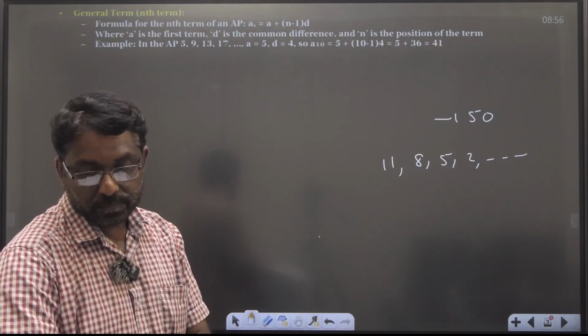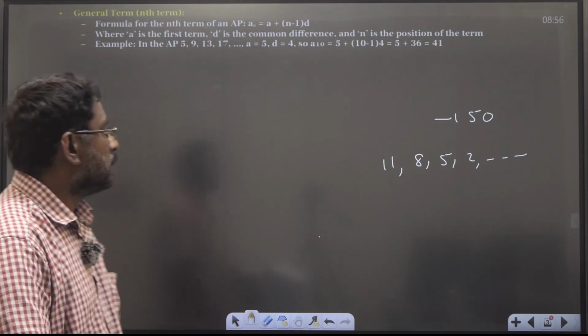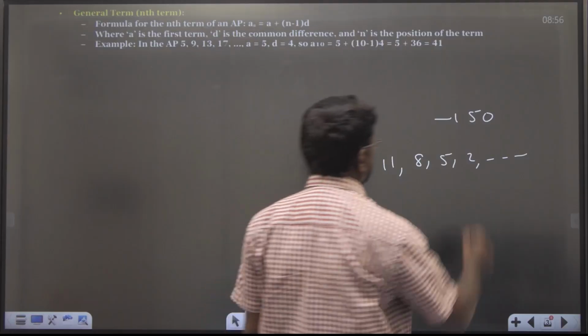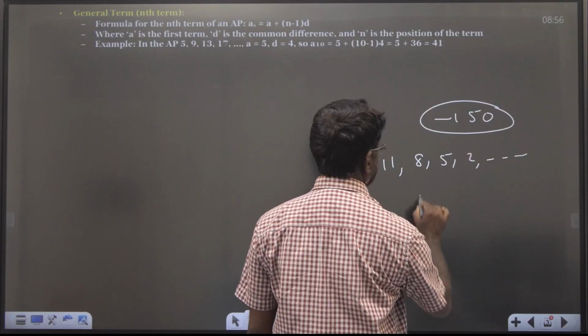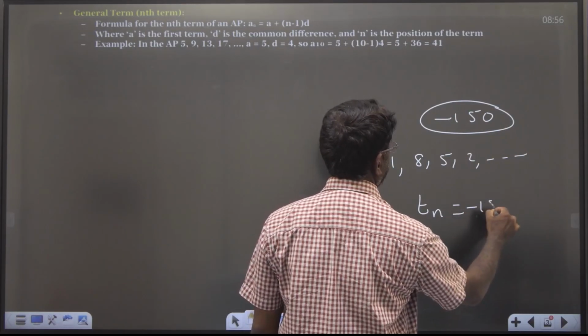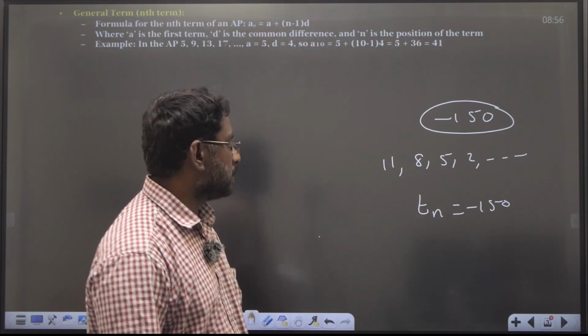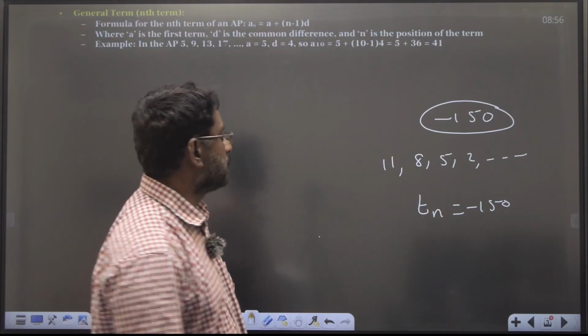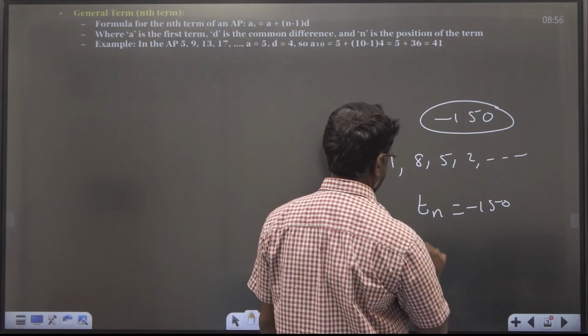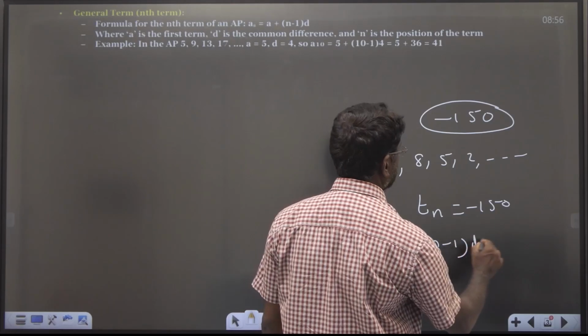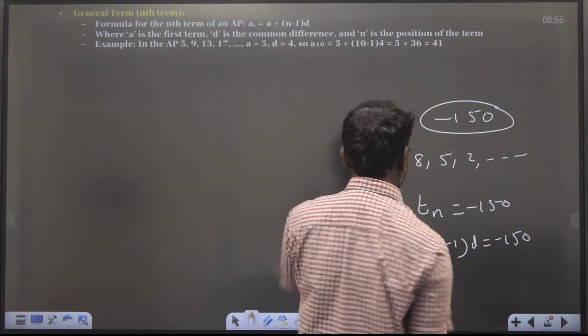Okay. Suppose you consider Tn is equal to negative 150. We are not sure, so let us consider Tn is equal to negative 150. Then a plus (n minus 1) into d is equal to negative 150.